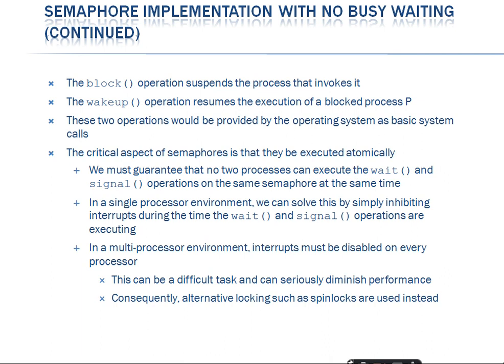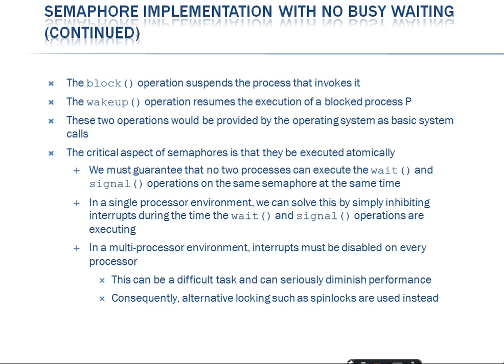As soon as a process executes a wake up operation on the blocked process, it will resume its execution. These two operations would be provided by the operating system as basic system calls. Who's going to provide this operation? Obviously, the operating system.